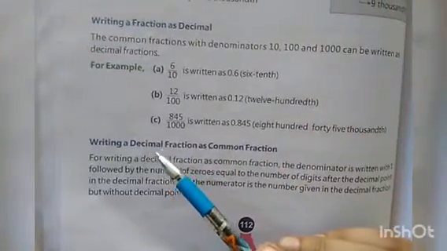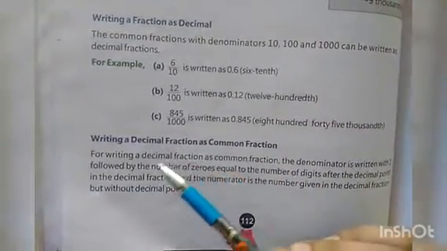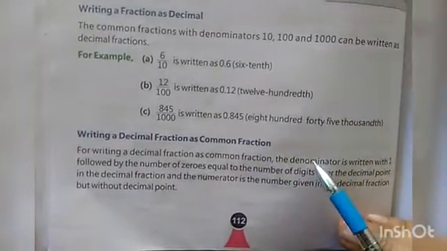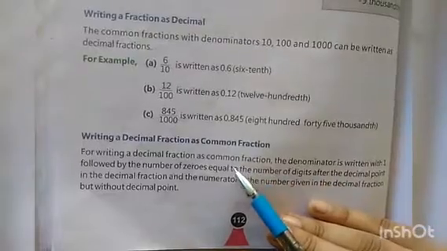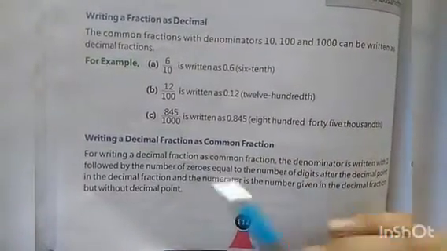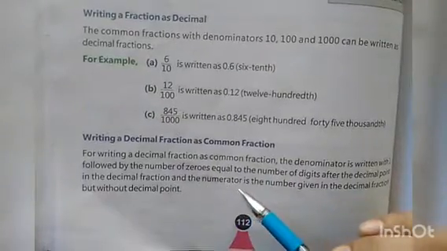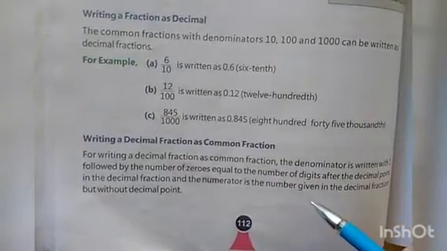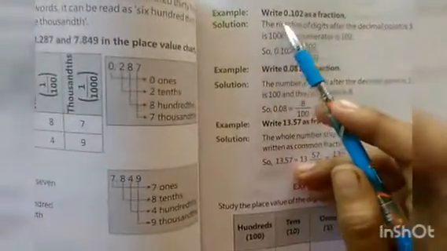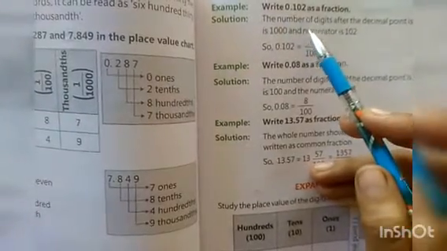Write a decimal fraction as a common fraction. For writing a decimal fraction as a common fraction, the denominator is written with 1 followed by a number of zeros equal to the number of digits after the decimal point in the decimal fraction, and the numerator is the number given in the decimal fraction but without the decimal point. Likewise, here is an example. Suppose we write 0.102 as a fraction.